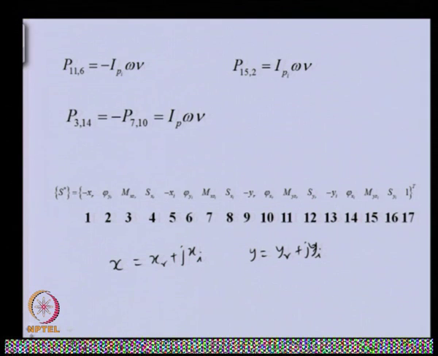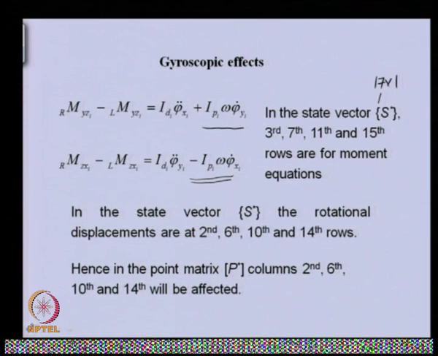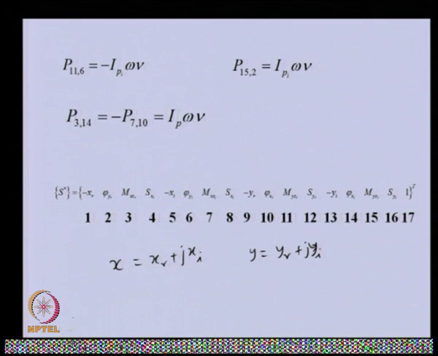Now, coming back to the previous equations, you can see that in this state vector, the 3rd, 7th, 11th and 15th terms belong to the moment equation. That means, again going back to the previous one, the 3rd, 7th, 11th and 15th belong to the moment equation.